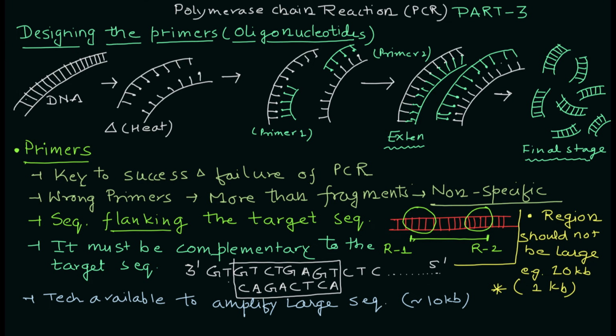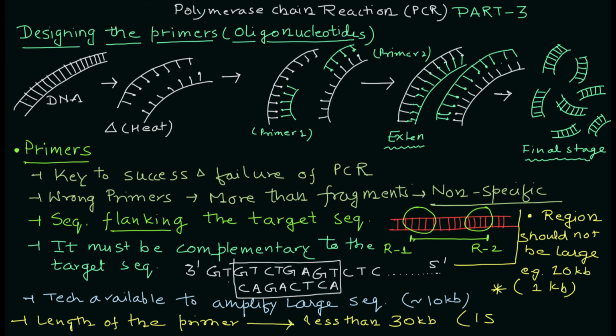Now, length of the primer is another aspect. How long should your primer be? That is also very, very important. The length of the primer should be less than 30 base pair, and somewhere around 15 to 20 base pair. Why is that?